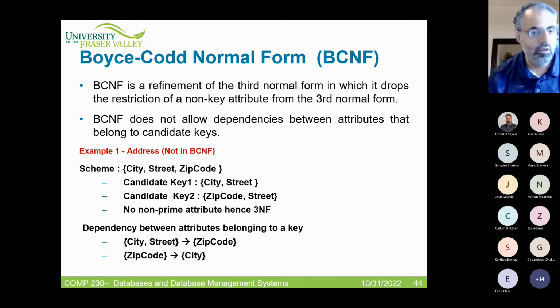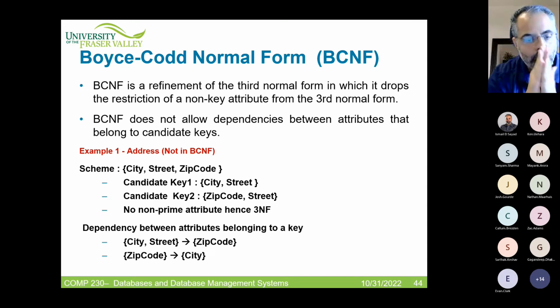This is the third normal form. BCNF adds more restrictions, saying also no dependency is allowed between the attributes within the key itself. So we are talking now about the keys themselves. As I said, the higher you go with normalization, the more restrictions you will have.